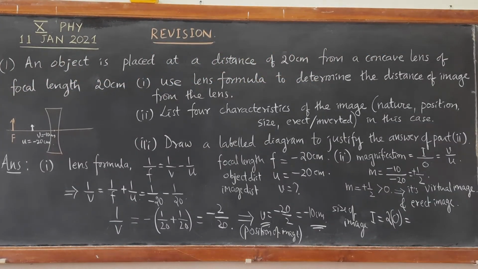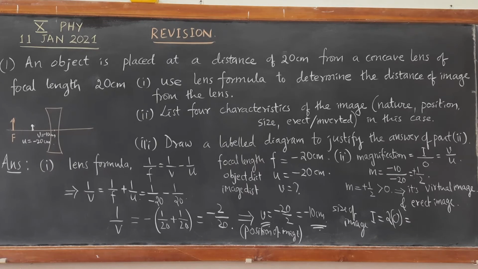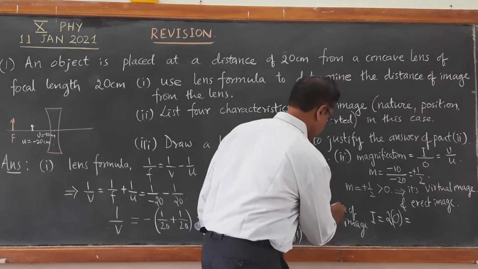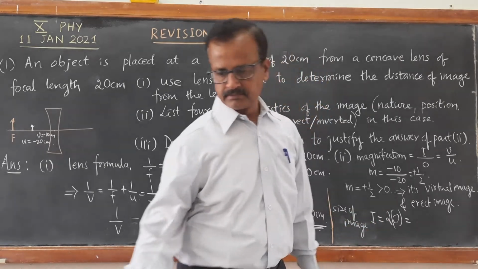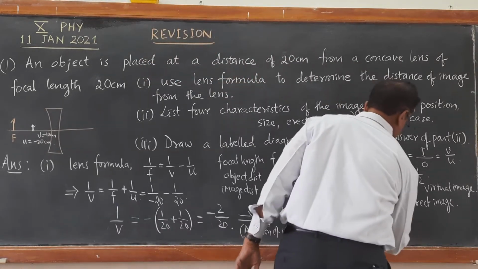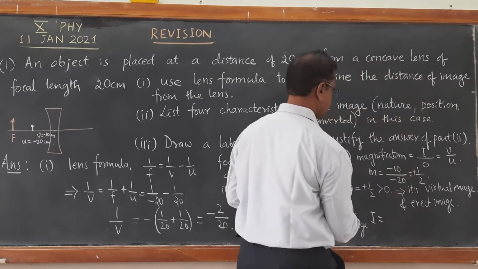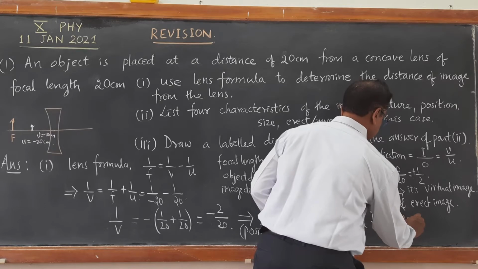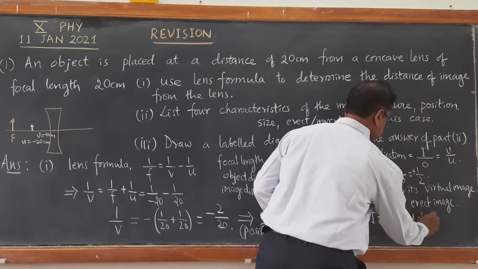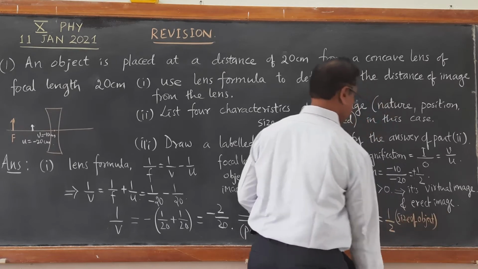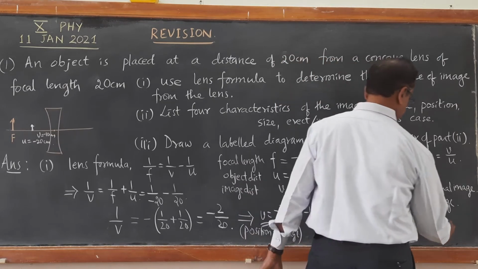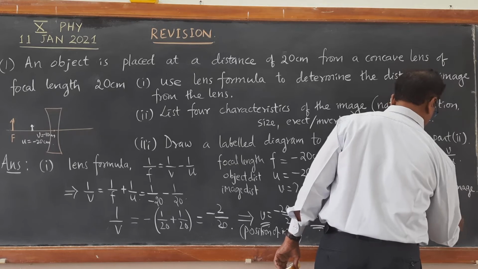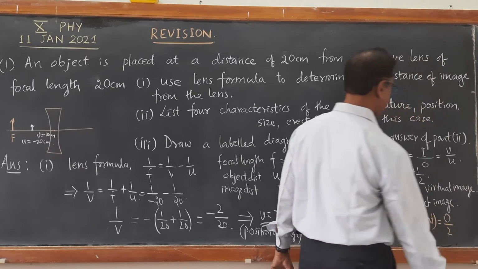So there is an error here. From this equation, size of the image is equal to half of the size of the object. So it is O by 2, half of the size of the object.